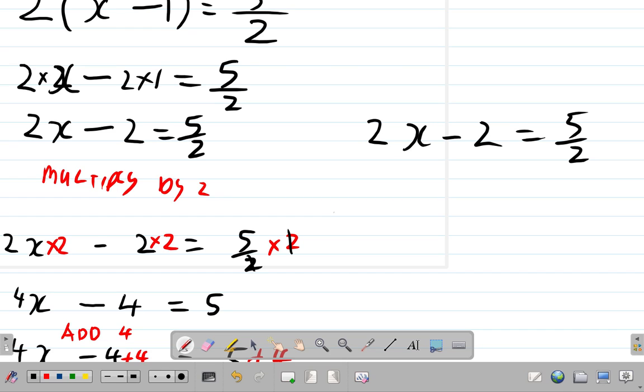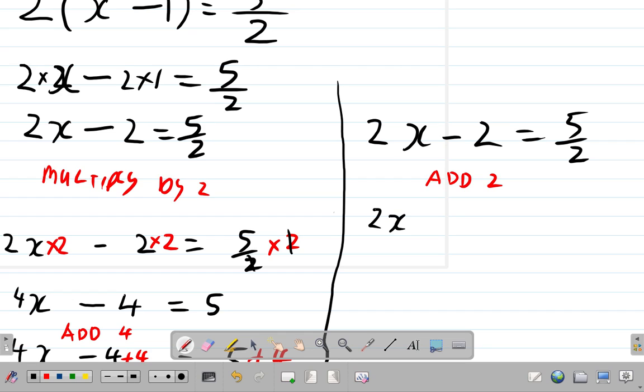The aim is to get rid of the numbers that are mixed up with the x on one side, so I have x alone equals. Suppose I should add 2. I'm going to add 2. We just draw a line here to separate them. I add 2.